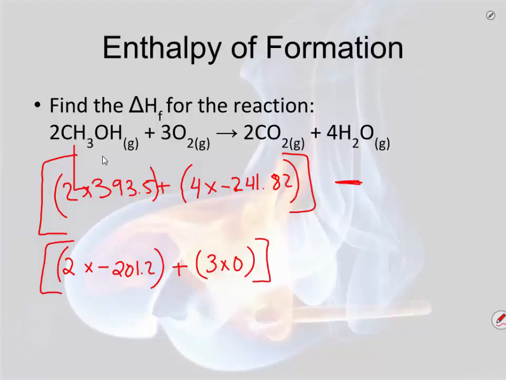Now I'm going to do each of these brackets first on their own, and then subtract them from one another. It just makes it easier and makes sure you don't make any mistakes or miss a parenthesis.